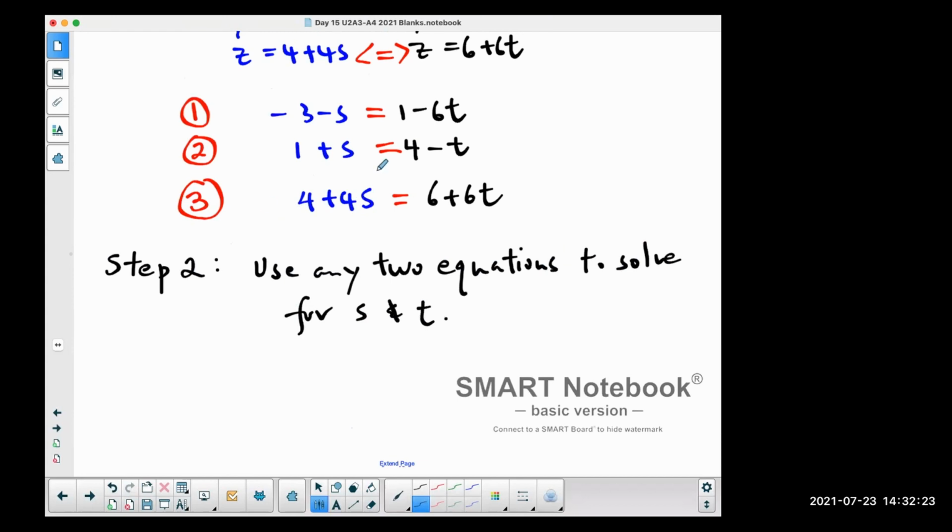You can pick any 2 of the equations; it doesn't really matter which one you pick. I am going to pick 1 and 2. Why? Because I see a minus s and I see a plus s. I know if I add the 2 equations up, they will eliminate s. Elimination or substitution.